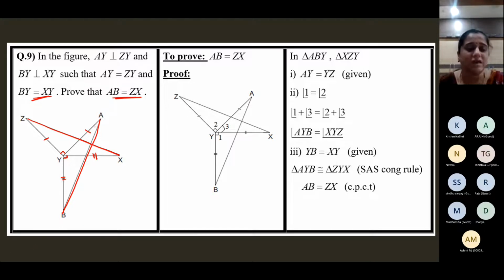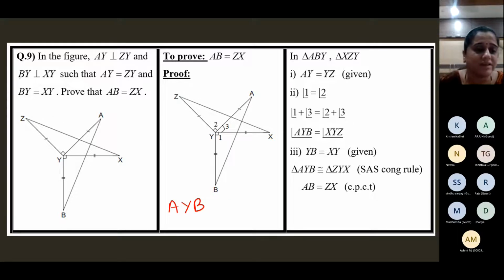Now, AB is a side of the triangle AYB. And ZX is a side of which triangle, children? Triangle ZYX, ma'am.